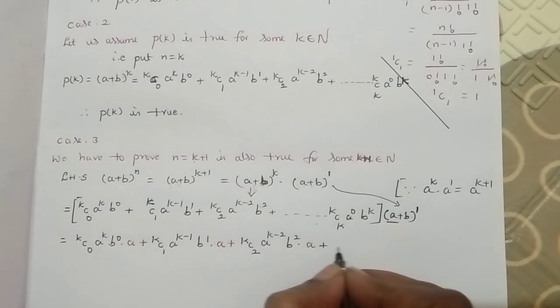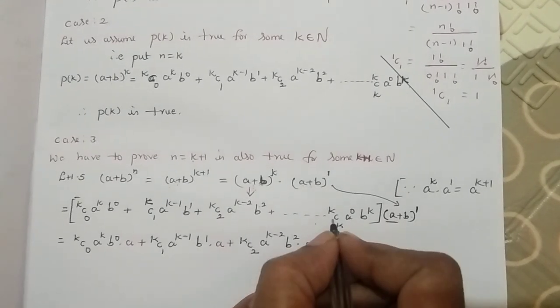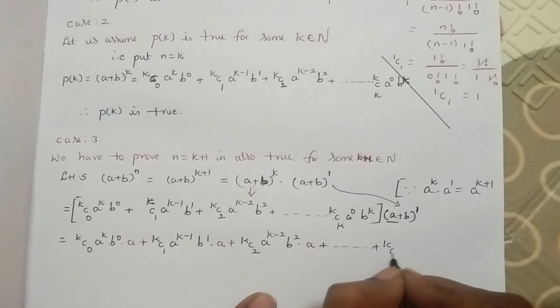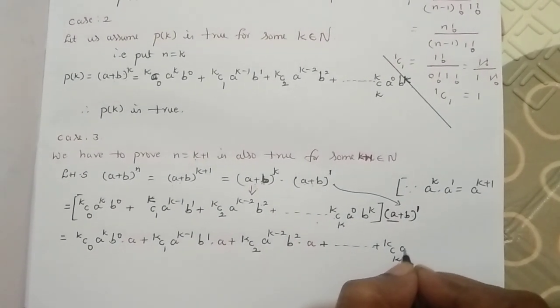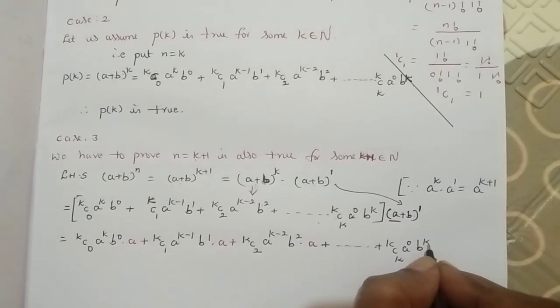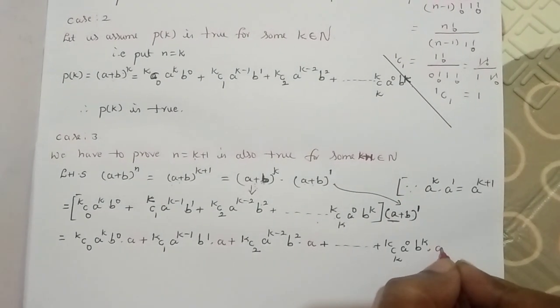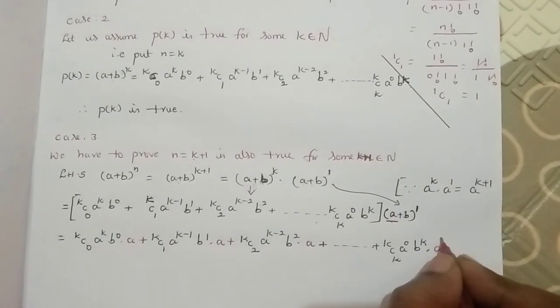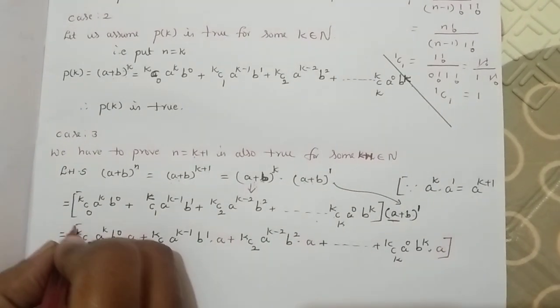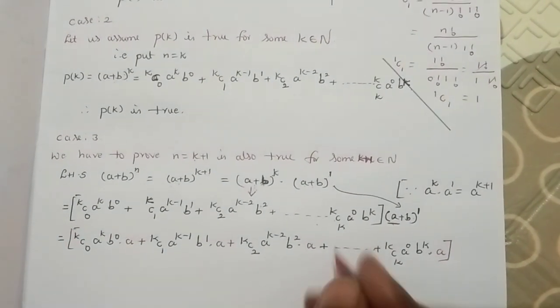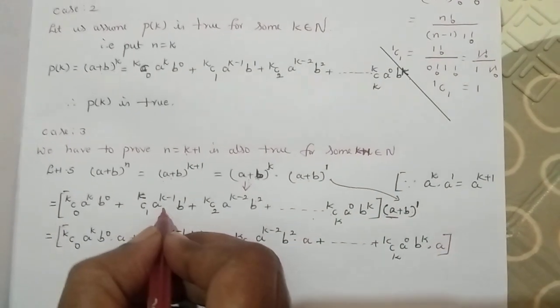Similarly, kC2 a^(k-2) b^2, again multiplying with a, plus so on. The last term kCk a^0 b^k, and we are multiplying with the variable a. So this completes the first variable multiplication, completely multiplied with a.